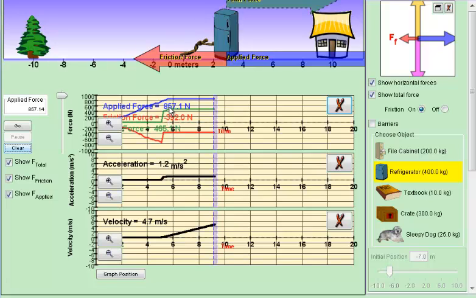So 857 in this case minus 392 gives me a net force of 465 newtons. Now if I divide that by the mass of the refrigerator, 400 kilograms, I get an acceleration of about 1.2 meters per second squared. So that's how everything should fit together for you.